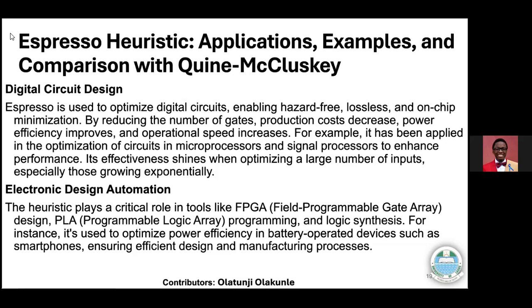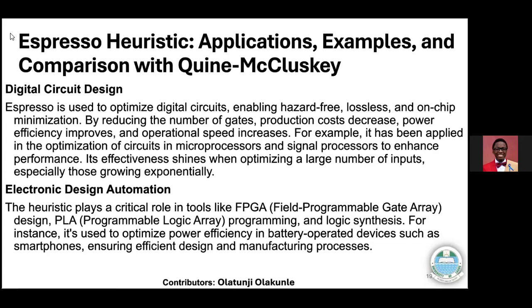Applications where you will usually be dealing with a large number of variables include digital circuit design. If you're trying to design a processor, you're obviously going to be dealing with a very large number of variables. You won't always be dealing with just 4 zeros and ones. It also comes in electronic design automation, so things like field programmable gate arrays, programmable logic arrays, and logic synthesis.